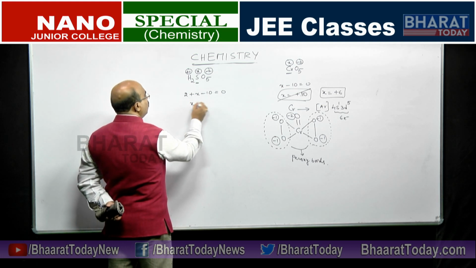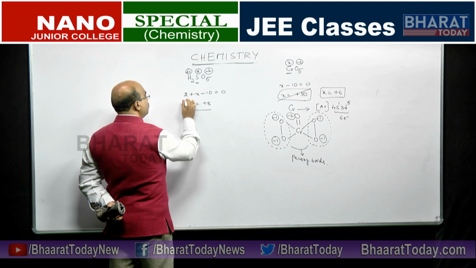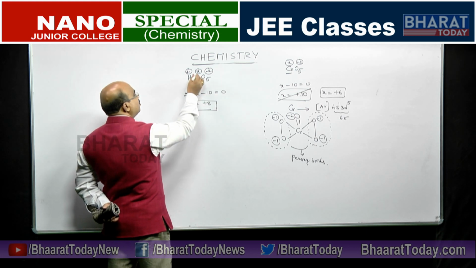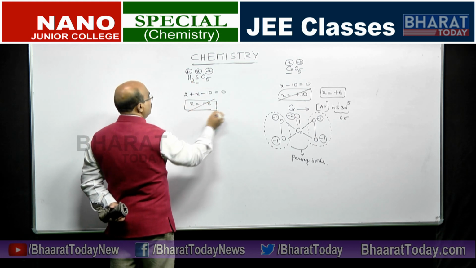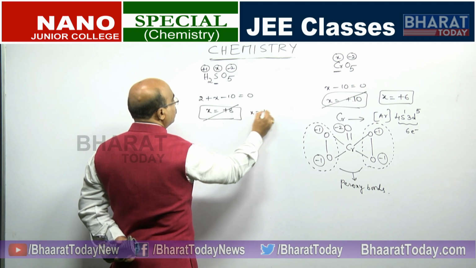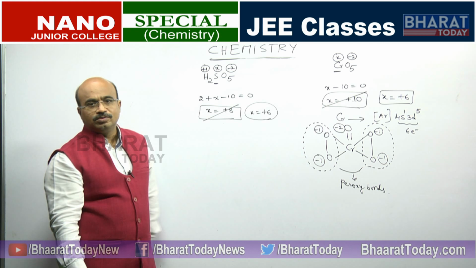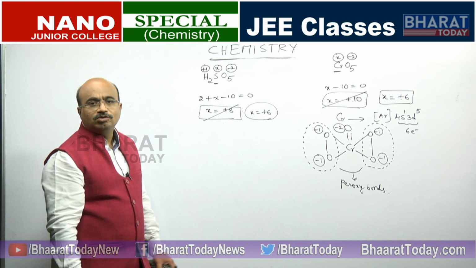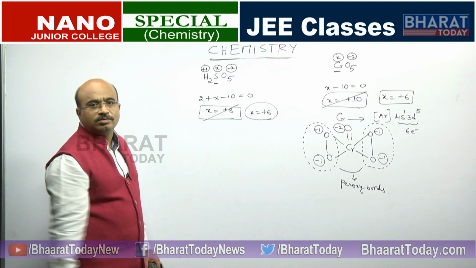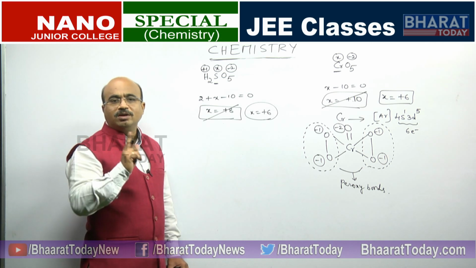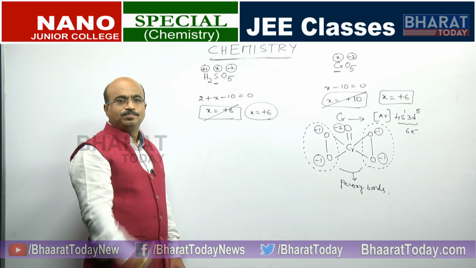I got x is equal to +8, but can it be +8 on sulfur? No, it has to be +6. So, how many units did we reduce? We reduced 2 units. That means there must be 1 peroxy bond.